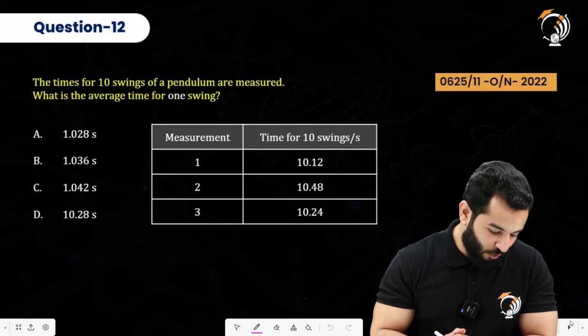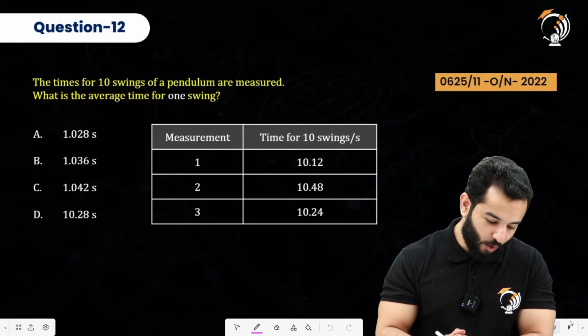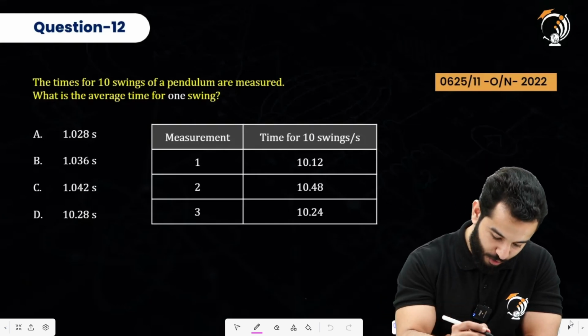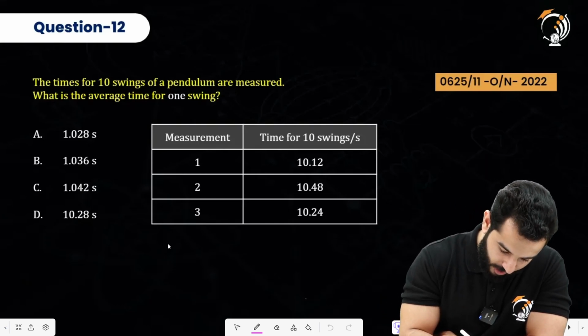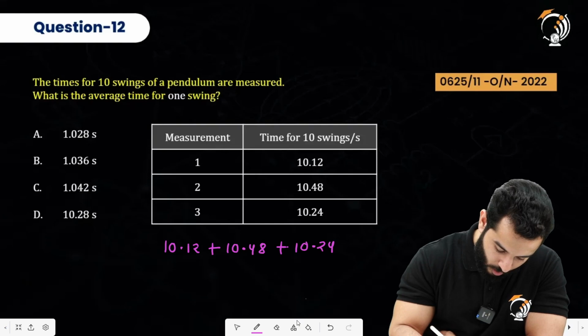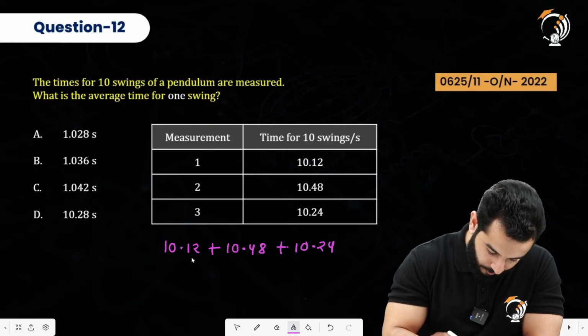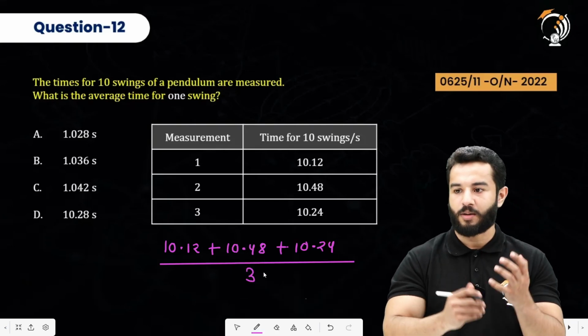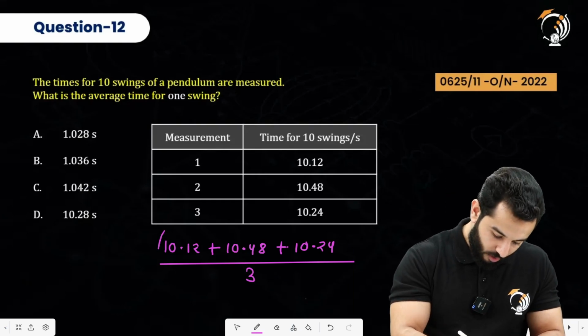The times for 10 swings of a pendulum are measured. What is the average time for one swing? So all you have to do is just add them. So the final answer is going to be 10.12 plus 10.48 plus 10.24, whole divided by 3, because that's how many experiments we took, right?